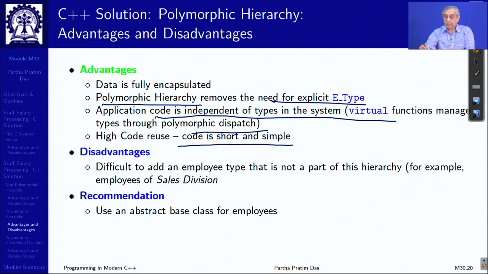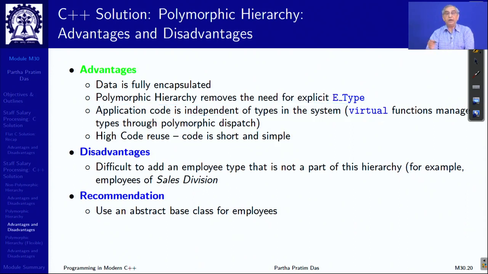Does it solve all the problems? Unfortunately, no. You will still have to remember that as soon as you want to add a new employee type that is not a part of this hierarchy, you will have to do a lot of things. So, what is it that we are missing out?